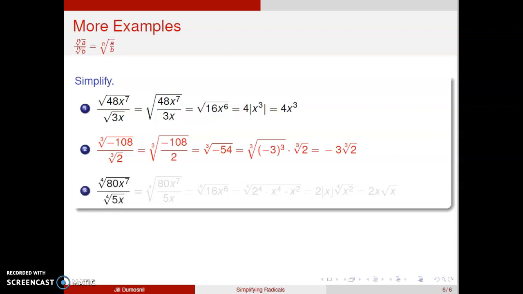Finally, let's consider a ratio of fourth roots. Again, we apply the quotient rule for radicals and simplify the radicand. We get the fourth root of 16x to the 6th. Factoring fourth powers out of the radicand allows for simplification of the radical. Evaluation of the fourth root of x to the 4th gives us an absolute value of x.